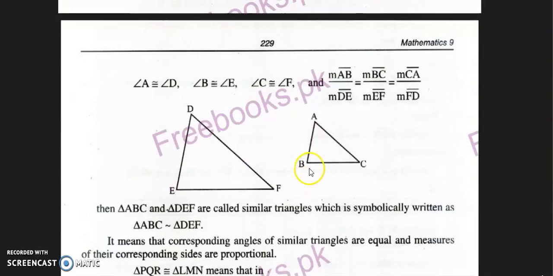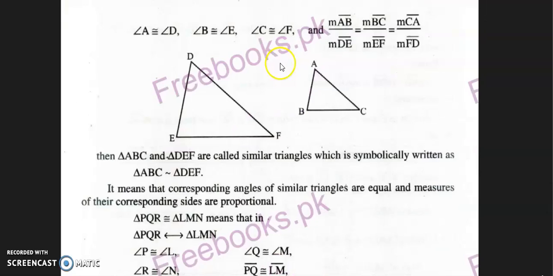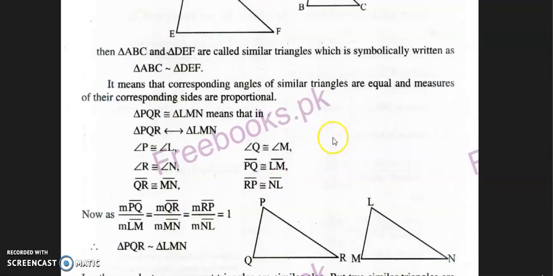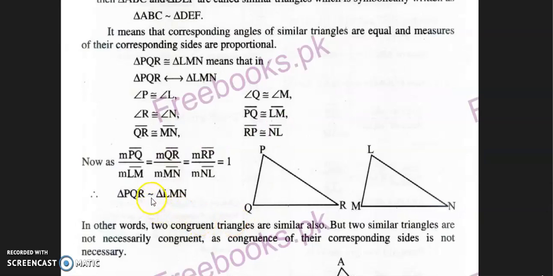Again, they have explained all the things on your page number 229, and here the concept of similarity has been explained. Remember that this is the symbol of similarity: if two triangles are similar, it must be expressed by this symbol.